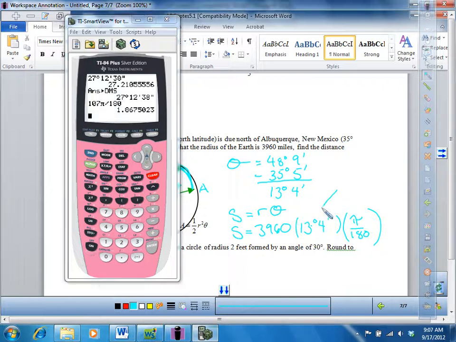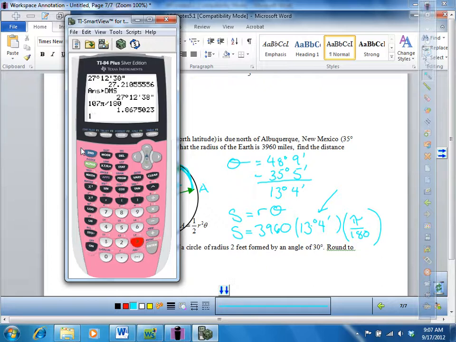I think I want to just change this into radians first, okay? So first what I'm going to do, I'm going to go 13 degrees, 14 minutes, okay? And when I hit enter, that's going to turn that into a decimal form. See that?